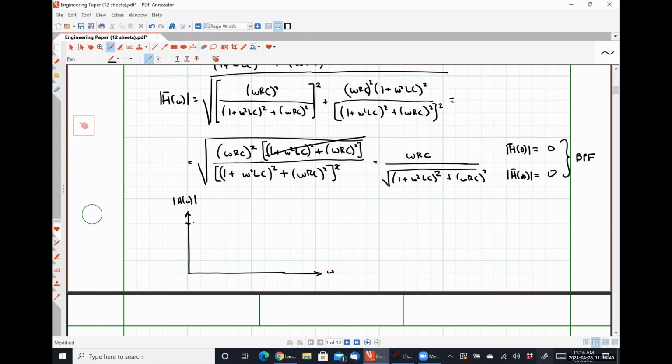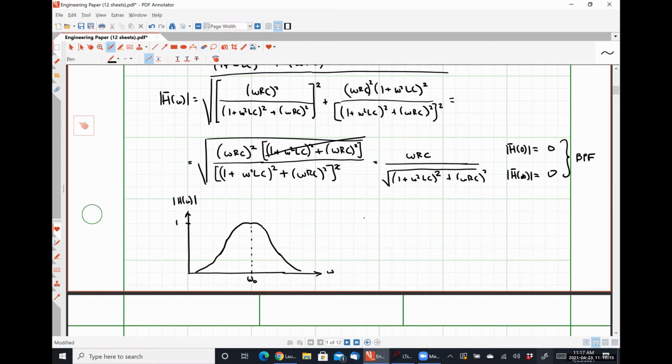Since this is a passive filter, its maximum value is going to be at 1. And so what this is going to look like is something like this. Almost like a bell curve, right? Where the center frequency is the resonant frequency of the circuit.